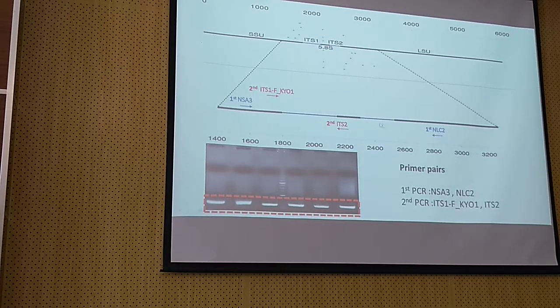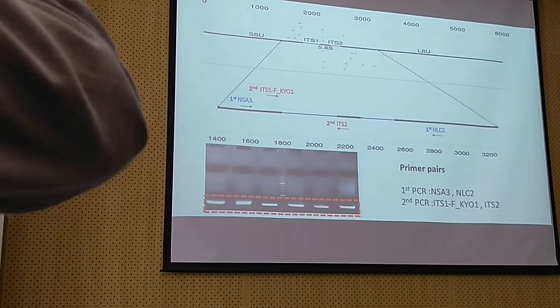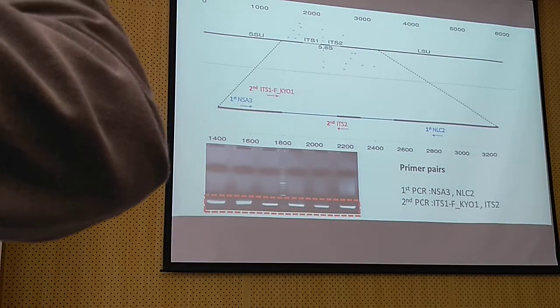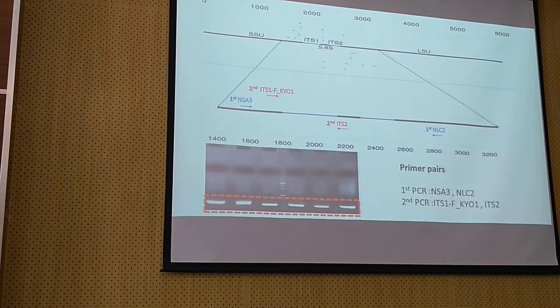Now, the first set is using these two primers. The second set is using these internal primers. You might ask, why don't we just use one set of primers? Because when you use nested PCR normally, you skew the diversity, because PCR has a biased tendency.